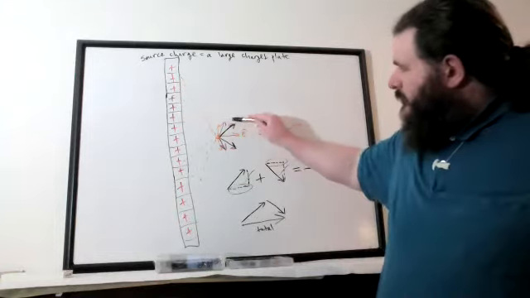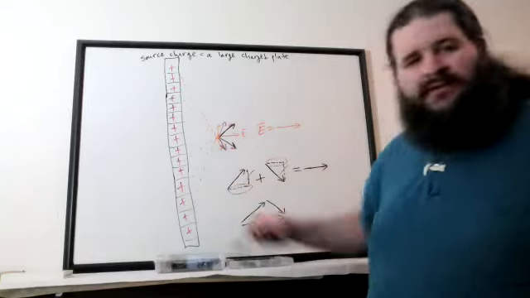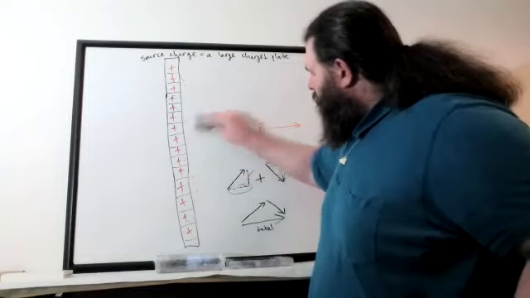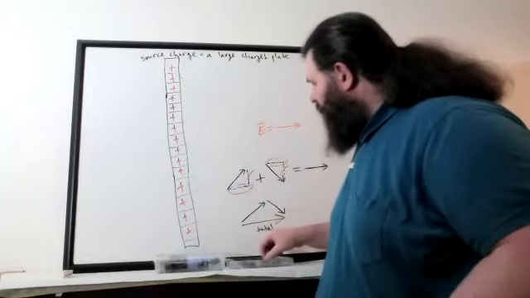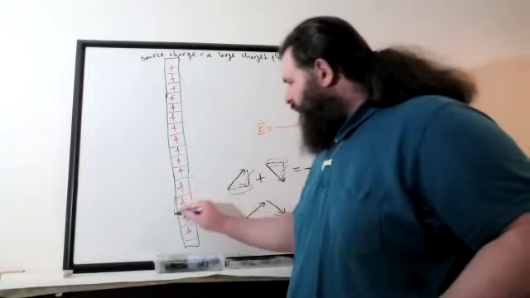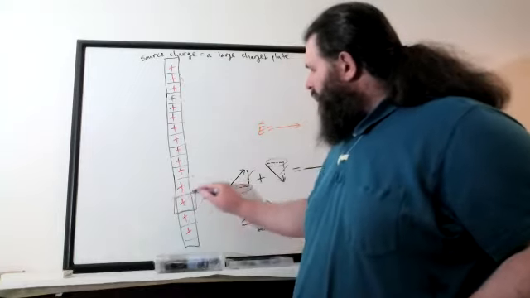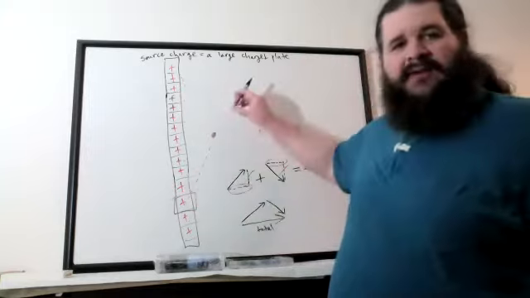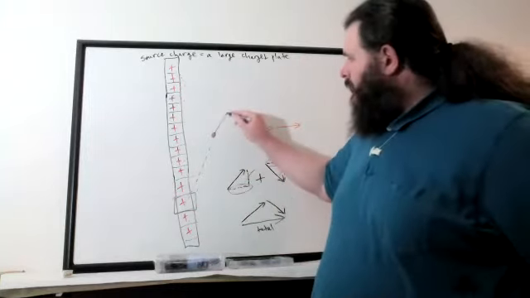These individual contributions are from individual little pieces of charge. So if we're looking at, let's say, just this piece, it creates electric field here in a direction directly away from it because it's a positive source.